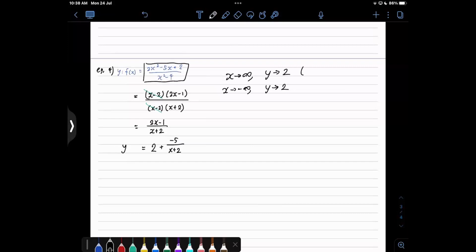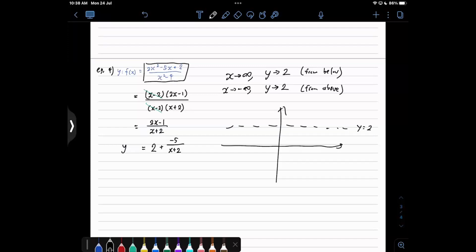But this one I'll say from below, and the other is from above. So I can draw a quick sketch already. Y equals 2. From above when you go towards negative infinity, so it's somewhere like this. Then from below, so it's something like this. Okay? Clear so far?